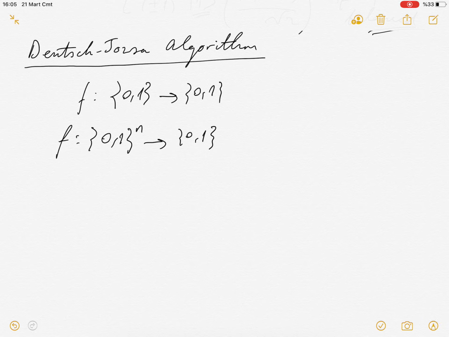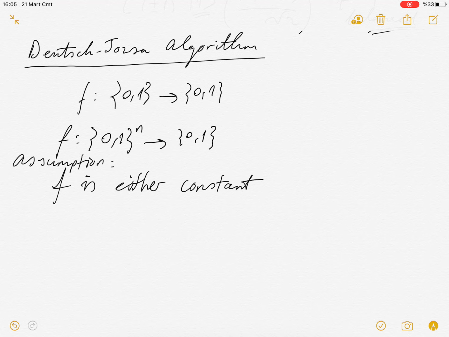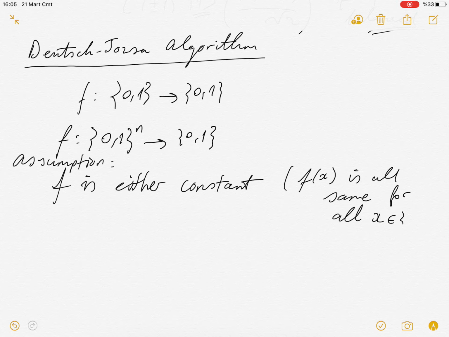Alright, so now we assume that f is given as a black box, similarly as earlier, and we make an assumption: f is either constant, meaning that f(x) is the same for all x in {0, 1}^n.